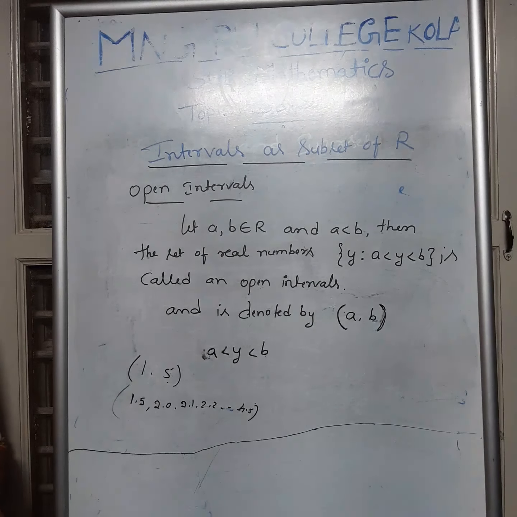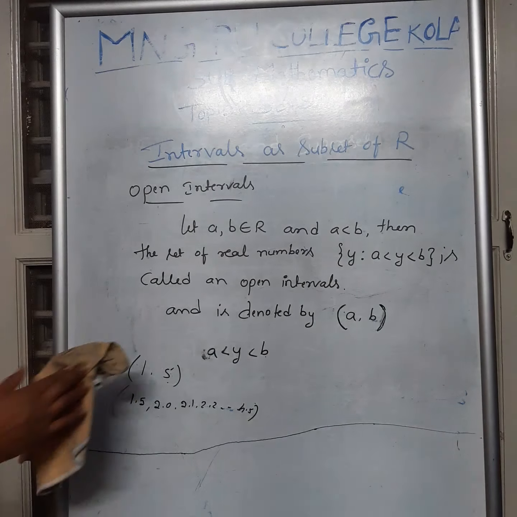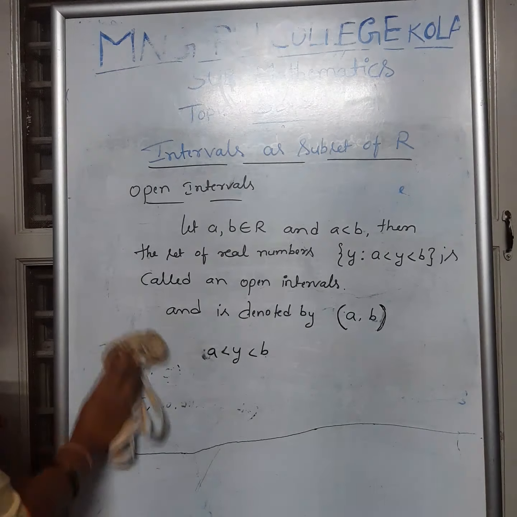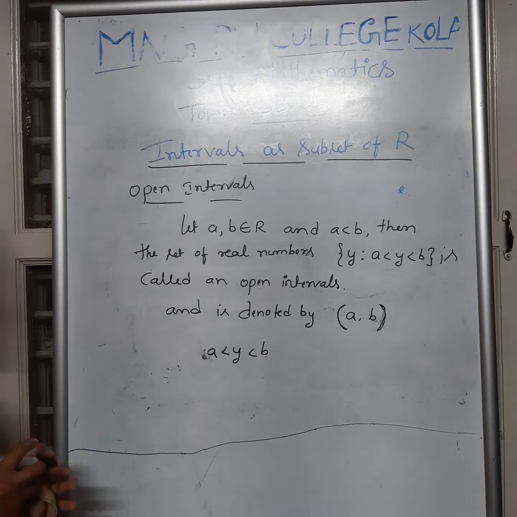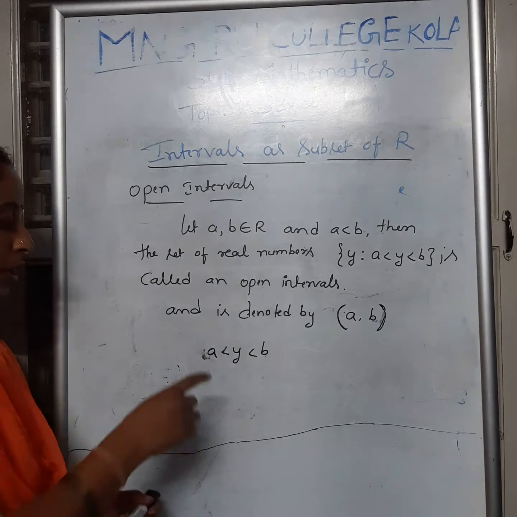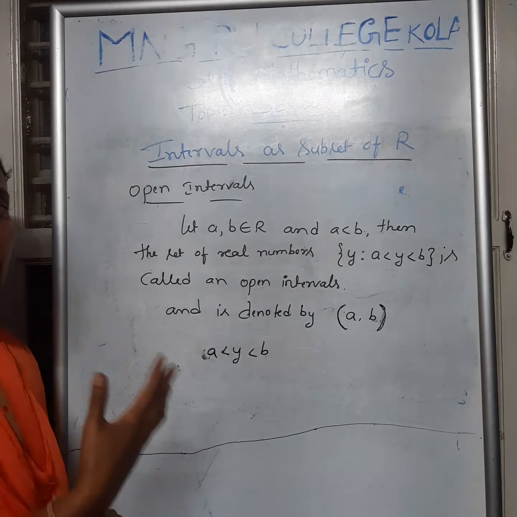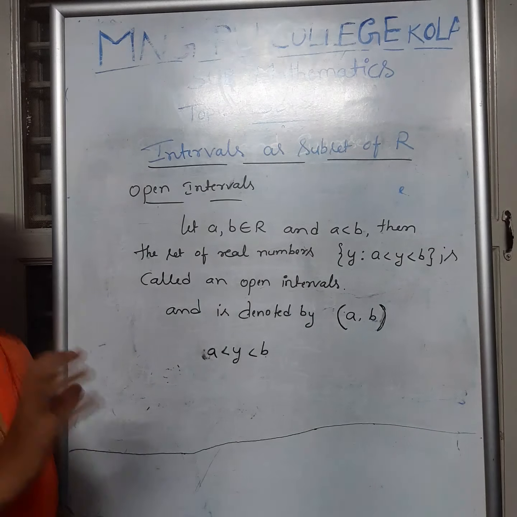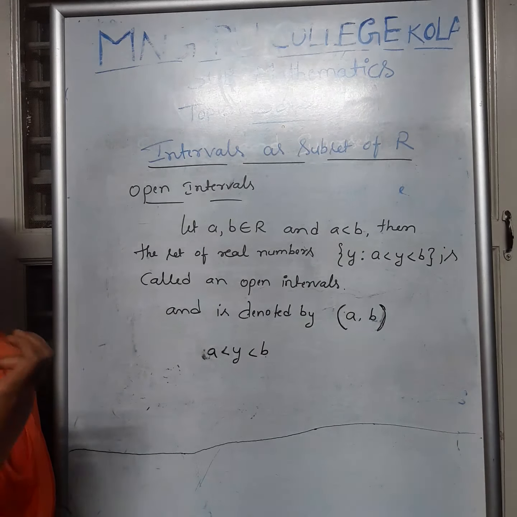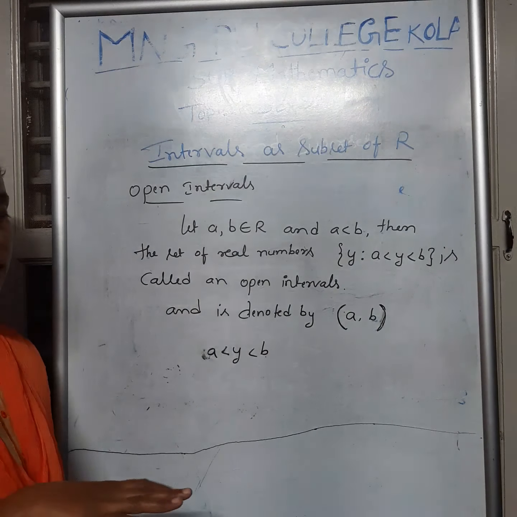Okay. So open interval means let a, b belong to R and a is less than b. So always the a value should be less than b; b should be greater and a should be lower.